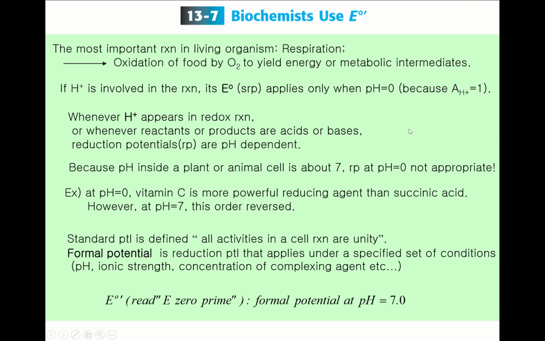So in order to calculate at pH 7, you have to recalculate all the reactions. That's quite a nuisance. So it is important to redefine the standard reduction potential at pH 7.